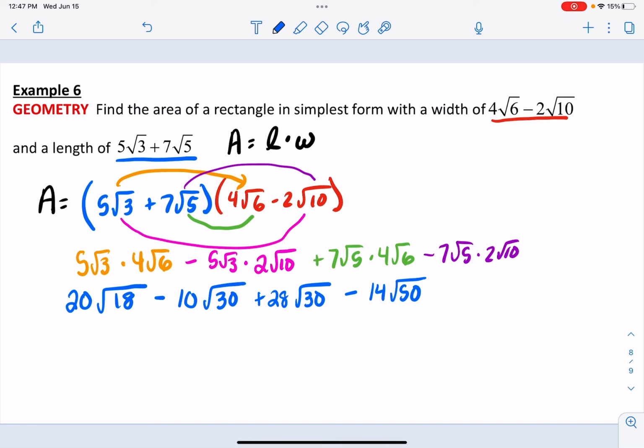Now we want to see if I could pull out any perfect squares. 18 can become a 9 times a 2. 10 root 30. 6 times 5, 15, 2.